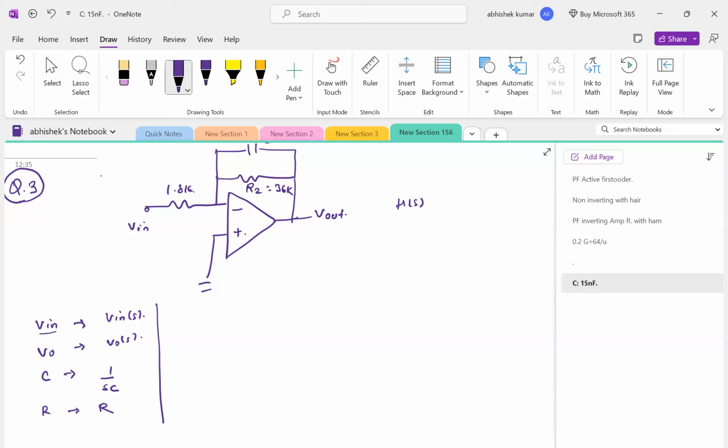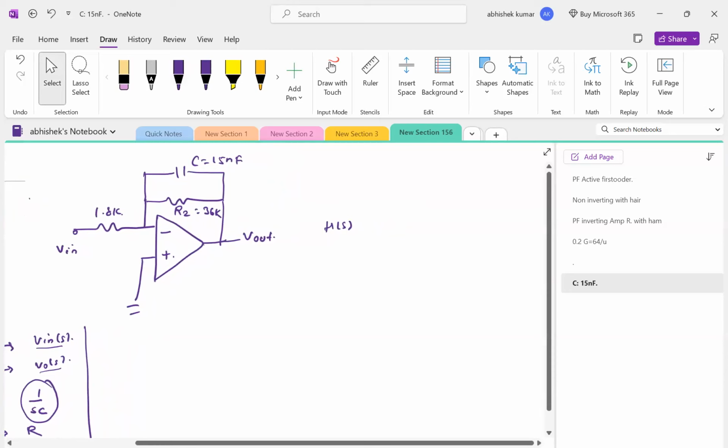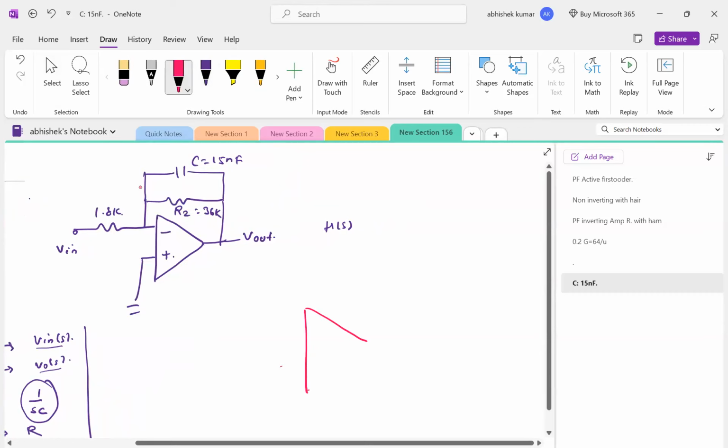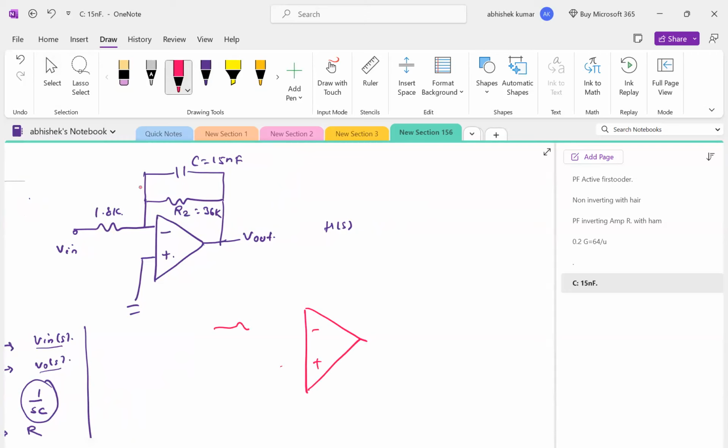So the Laplace transform of V input is written as V input S, V output as V output S, the capacitor is represented as 1 by SC, and the resistor with R. The only thing that changes is that in our earlier equations, we replace the capacitor with 1 by SC. I will solve it, then you will get to know. I will transform my circuit in S domain. So I will write it as 1 by SC.